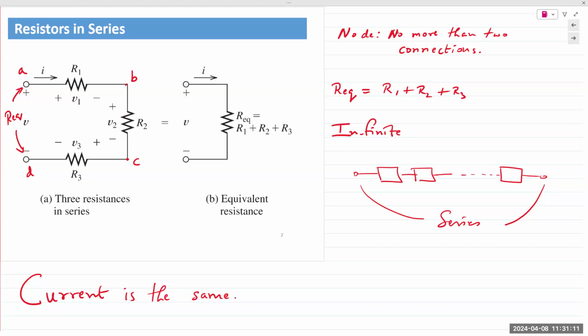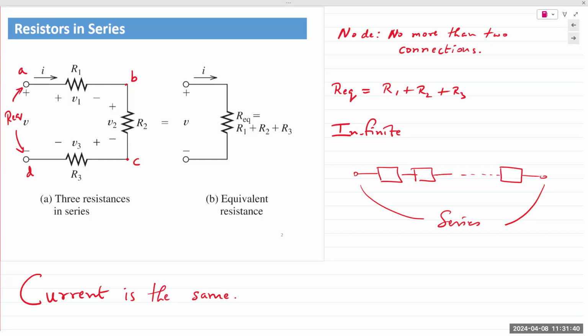Now, when we say current is the same, it doesn't mean that if the connection changes, the current won't change. What it means is that the current for R1 is the same as the current for R2 is the same for R3. You could have an infinite connection of resistors or components, doesn't matter what component it is, but the current through that entire series connection will always be the same for all components.